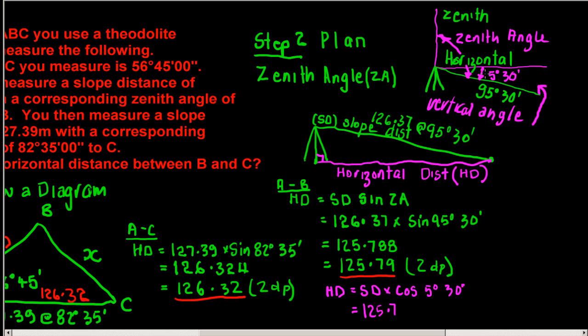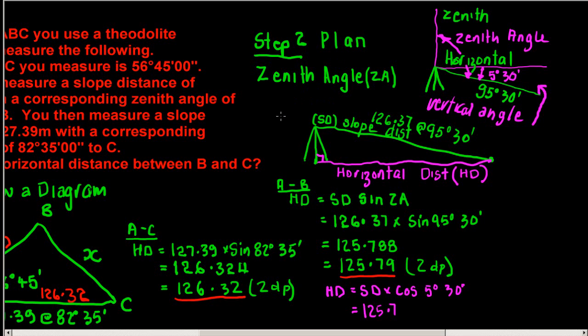Obviously, angles of elevation, which are above the horizontal, would be less than 90 degrees. So a 5 degrees 30 angle of elevation would be 84 degrees 30. That'd be 90 minus 5 degrees 30. So that would be an angle of elevation. But in this case, 95 degrees 30.